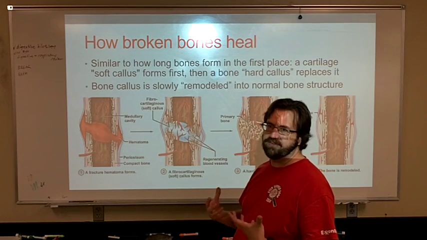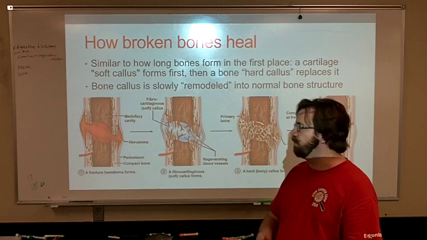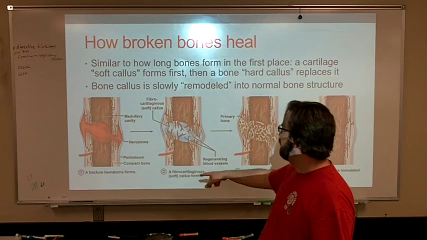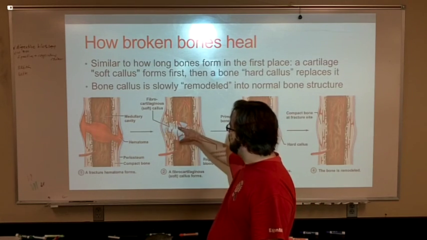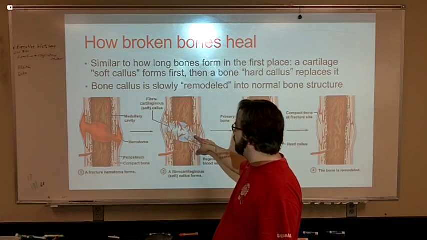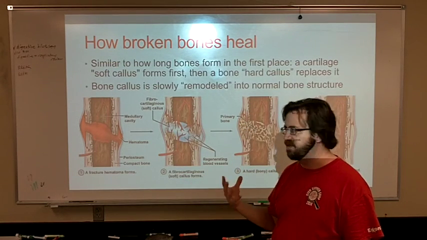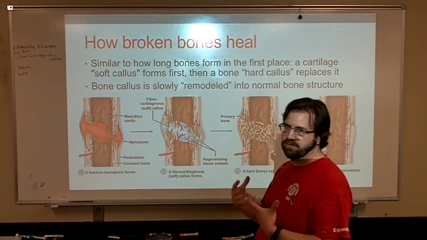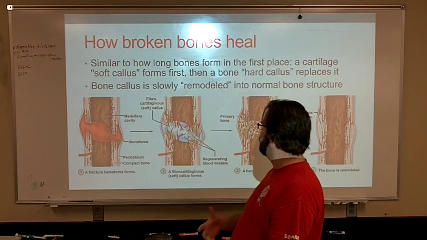So one of the big signs of a broken bone is not only that it's tender and painful and you can't put weight on it, but that it gets very swollen. Then the fibrocartilaginous soft callus forms. We're using fibrocartilage instead of hyaline cartilage to be sure we can hold the shape of that bone and make it bear weight if it needs to.